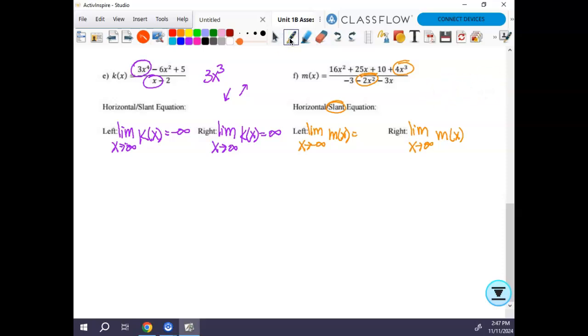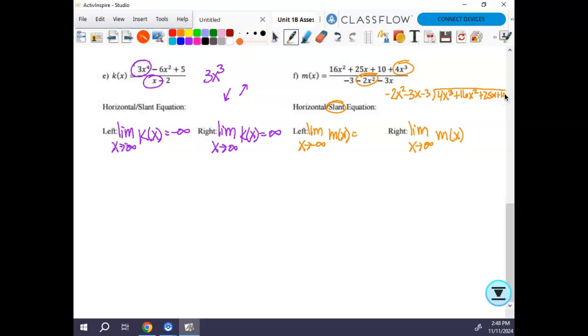I can't write smaller on this board. Oh, sort of made it fit.